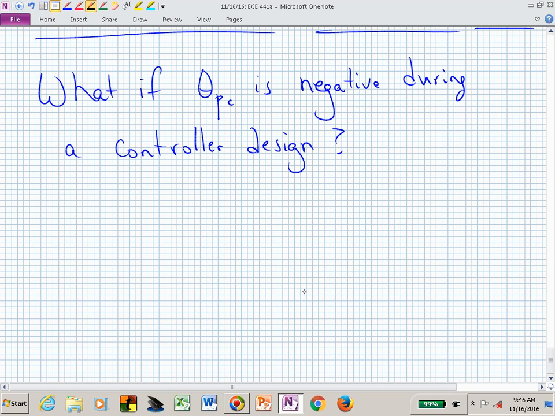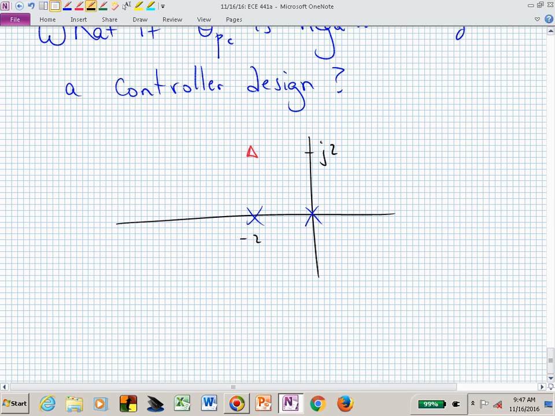So now let me put something here so that you can see what I'm trying to cook up. Suppose that you had a system that looked like that, with a pole at minus 2, and you wanted your closed loop poles at minus 2 plus and minus j2. Let's say you hadn't been paying attention in class, so you don't know how to design a controller, and you put down a 0 right there at minus 4.